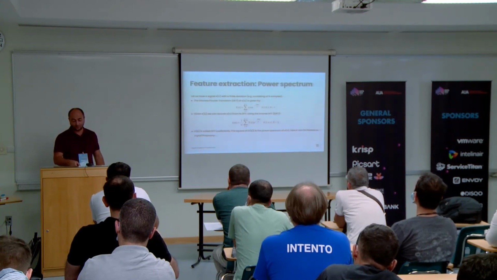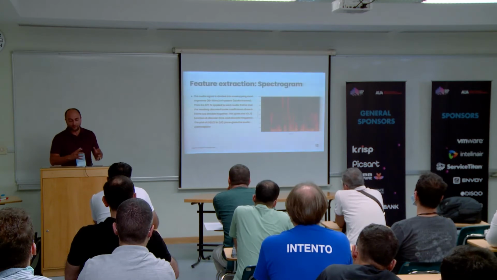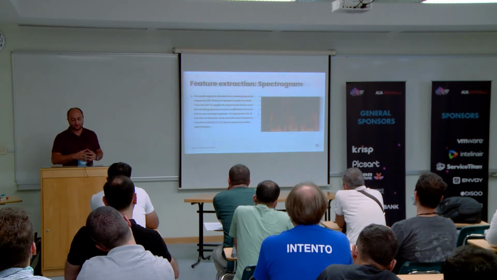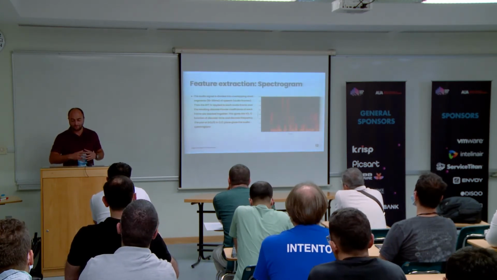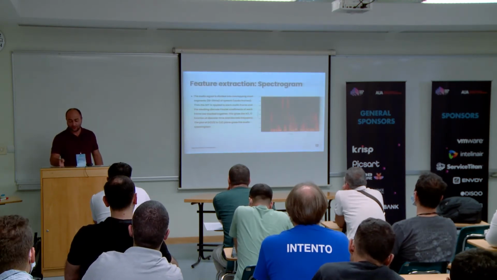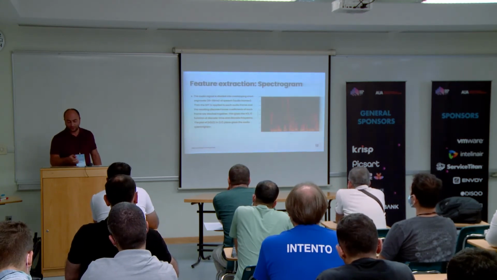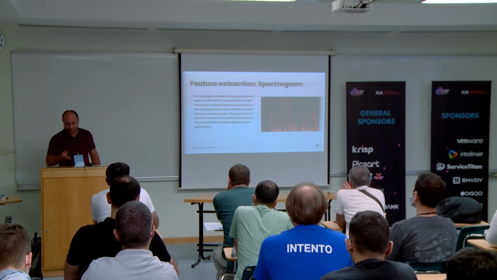And here the square of X[k] is called the power spectrum for the input signal. Next, by taking the neighboring time segments' power spectrums, we get the spectrogram. You see here an example of a spectrogram. It is a color map of power spectrum values over frequency and time dimensions.